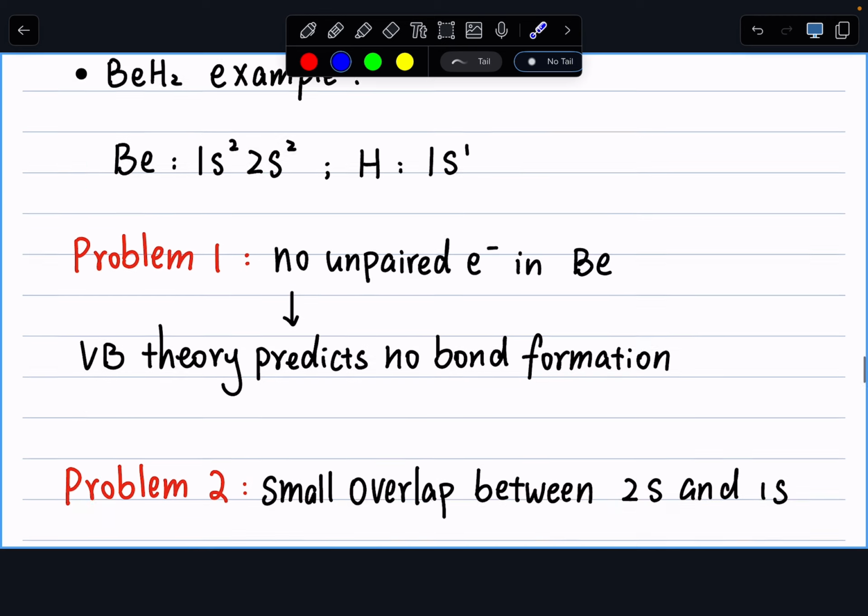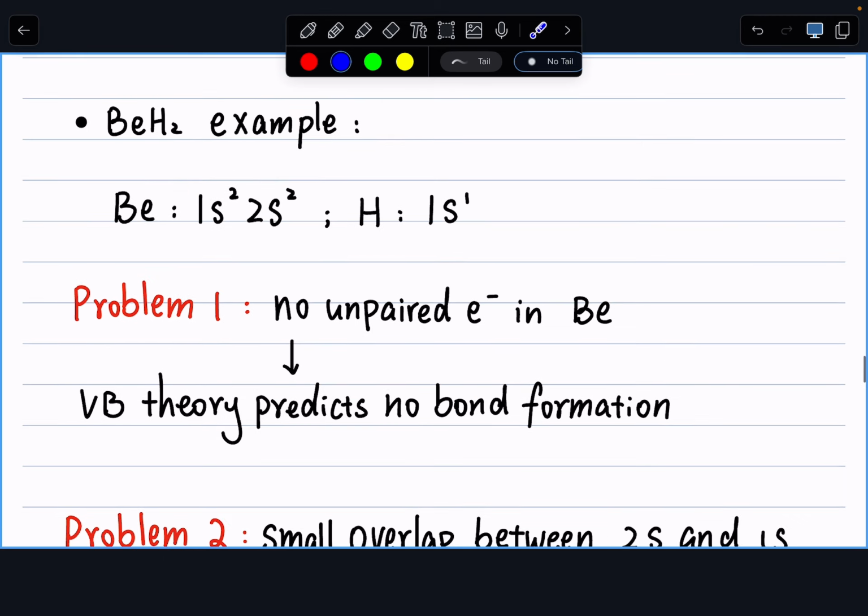So 3 problems really. First problem, beryllium has the electron configuration of 1s2, 2s2. It doesn't have any unpaired electron that can form a chemical bond. So the valence bond theory itself will predict no bond formation, which we know is not true.